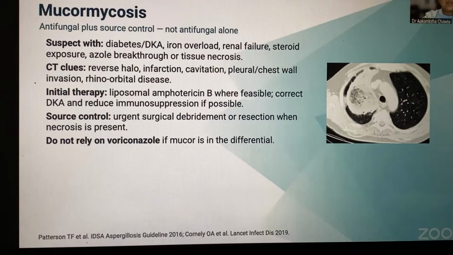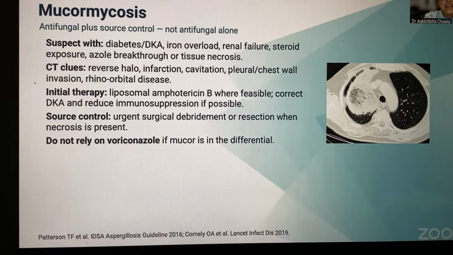Then patients who can present with diabetic ketoacidosis, iron overload, renal failure, patients on long-standing steroid exposure, and they may even have evidence of tissue necrosis. So CT would show you a reverse halo in this case. There could be cavitation. You might even see pleural and chest wall invasion or the classical rhino-orbital disease. And initial therapy is with liposomal amphotericin B.